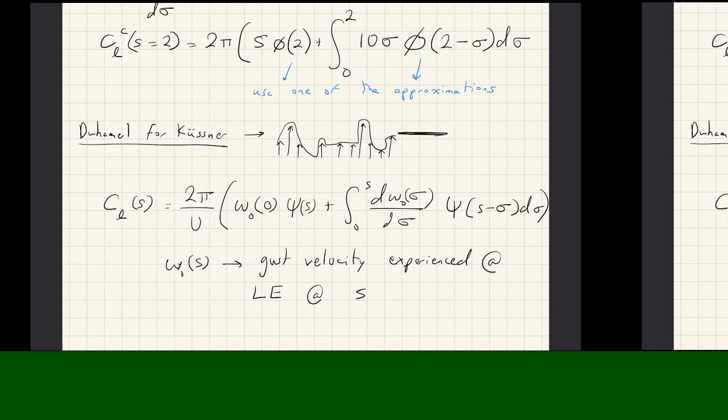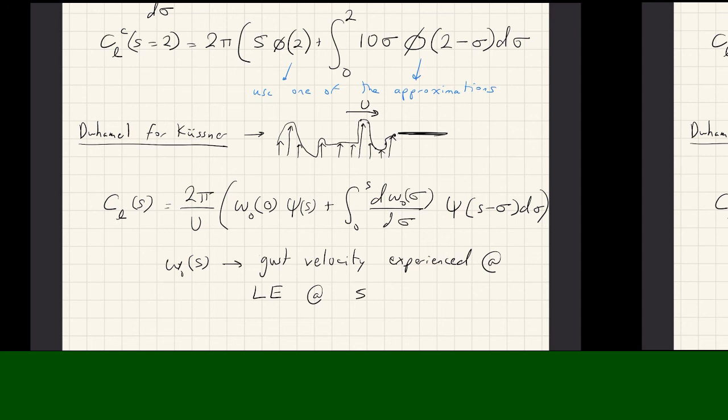Okay? So to reiterate, this is some arbitrary gust where, in the body frame, the gust moves with the free stream velocity into the wing, and at every point in time, a different point in the gust meets the leading edge.